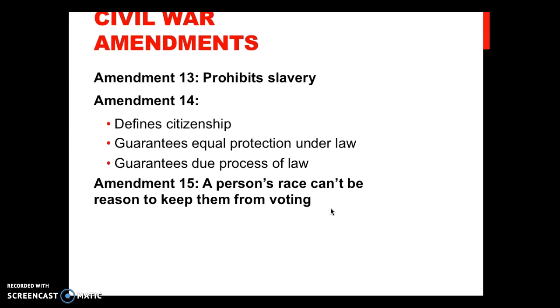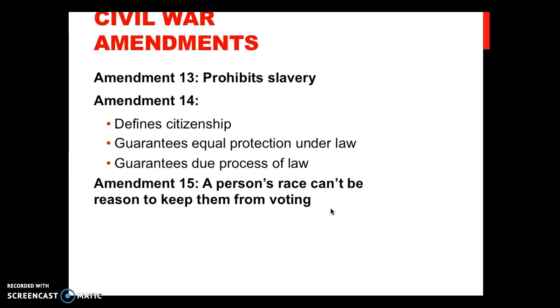So the laws had to help protect those people too, because they were citizens now, and it also guaranteed due process of the law. So that means if you needed help from the law, or if you were facing troubles with the law, you got the same rights as everybody else who was a citizen, white people, basically, at that time.